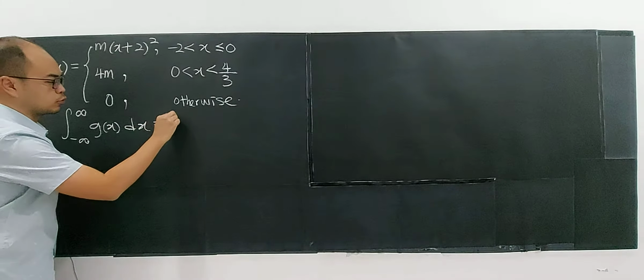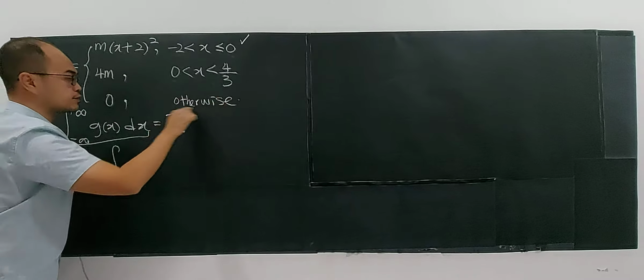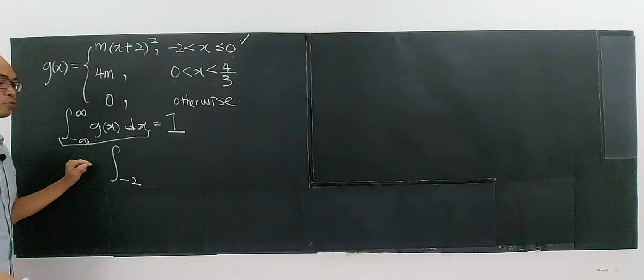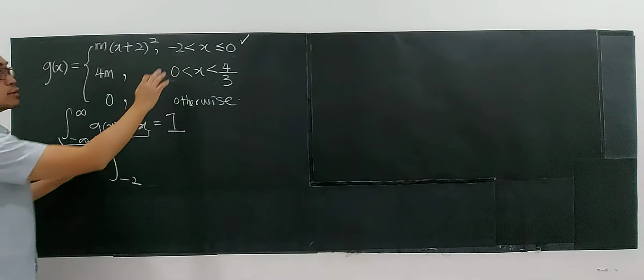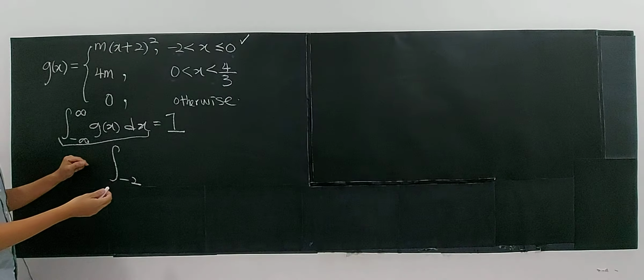The meaning of this is that for all the intervals, we evaluate the integral from -2 up to 0. We integrate from -2 because only this interval has the function. The rest does not have the function, it is 0, so it won't affect anything.